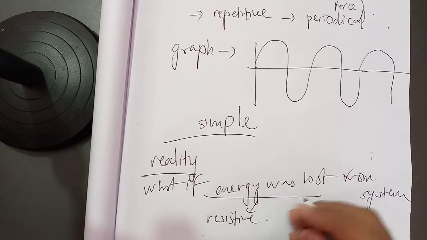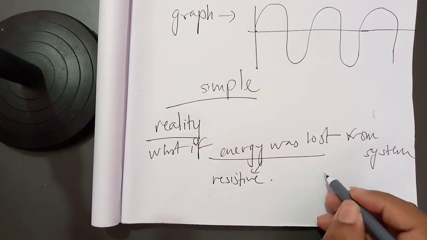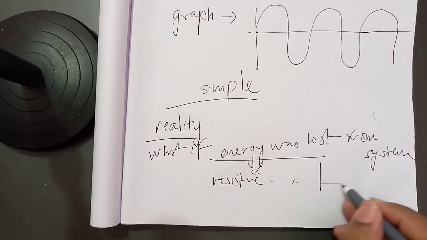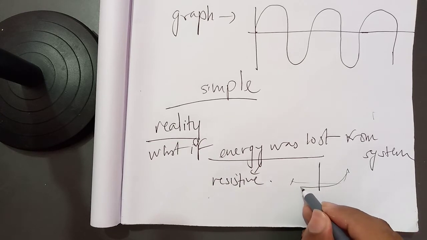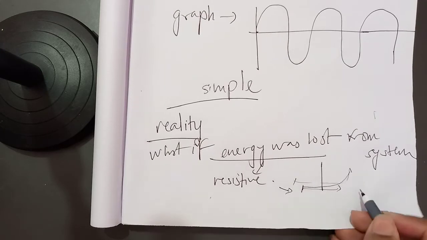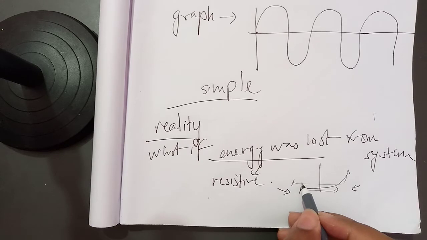For instance, in a real life scenario, if you're swinging and you push once and you leave it like that, it's not going to come back to the same point, as there is air resistance each time working in the opposite direction.